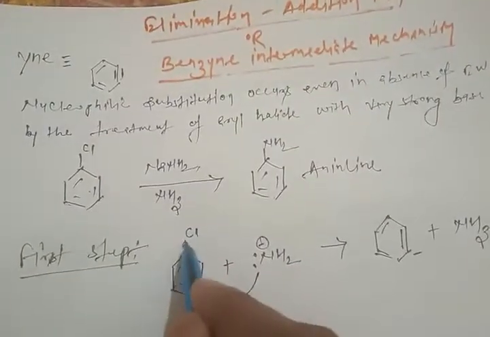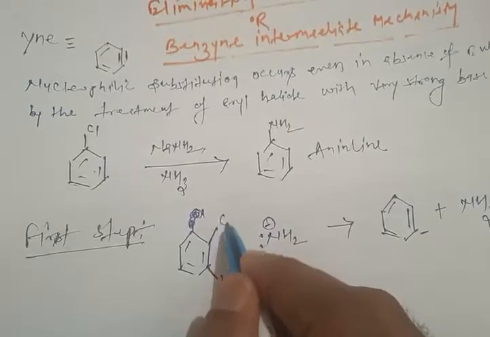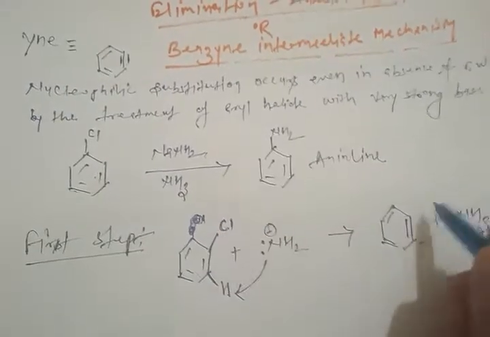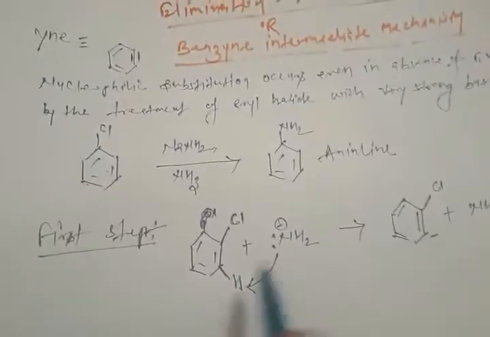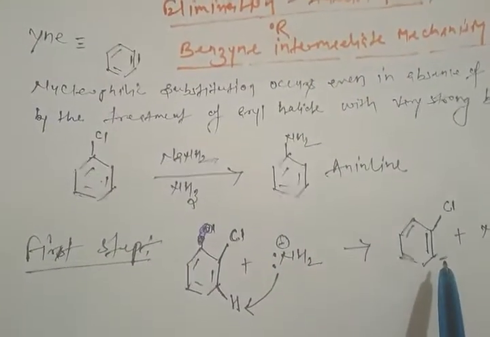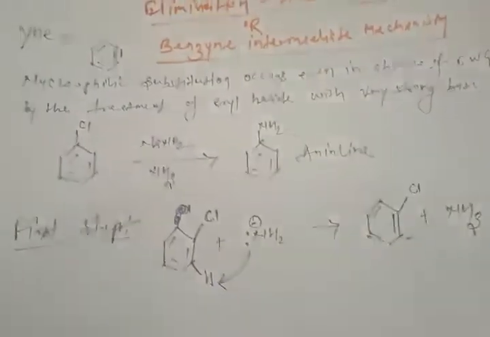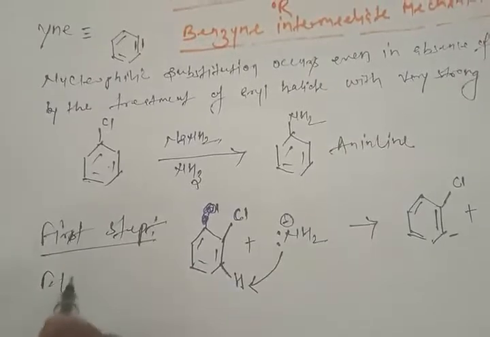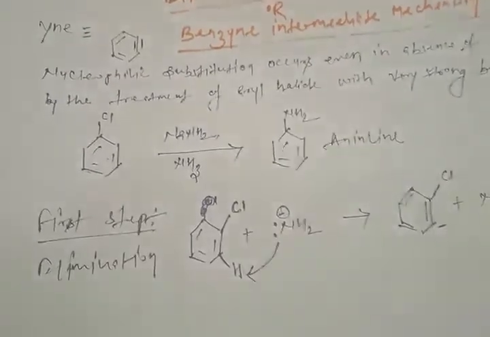Okay, let's put this Cl here, so you will get a proper connection. In the first stage, what happened? Elimination occurred. So this first step is what? Elimination, because the ammonia molecule is eliminated in the very first stage. Elimination.